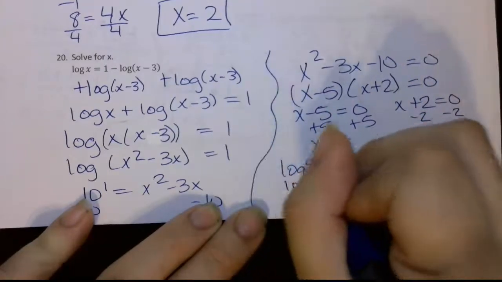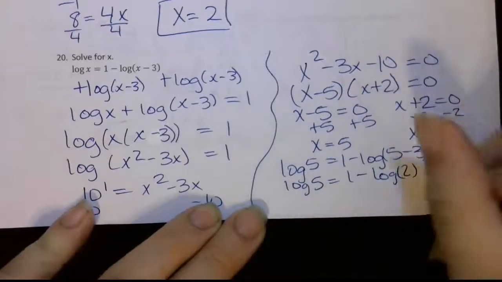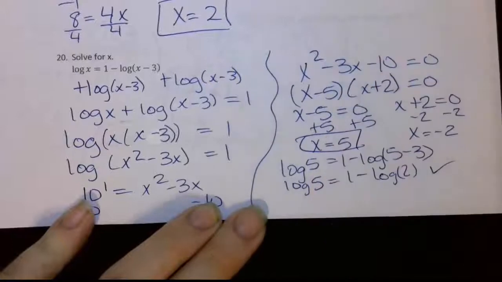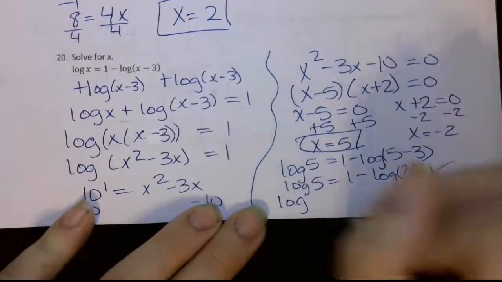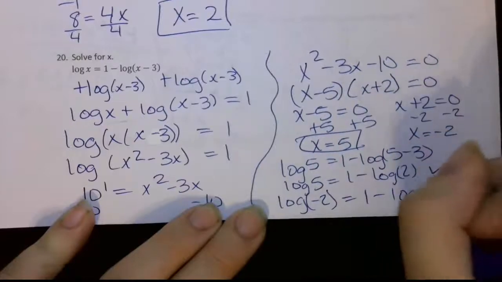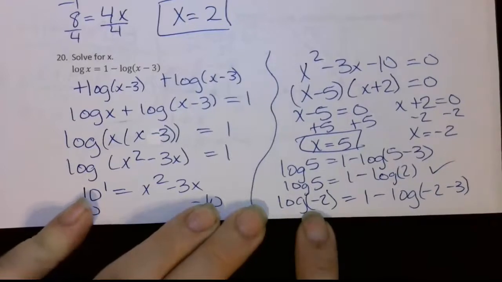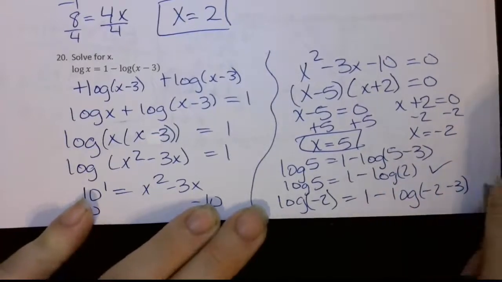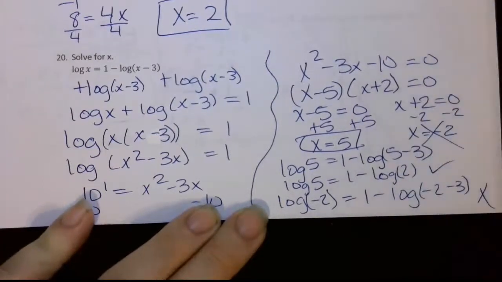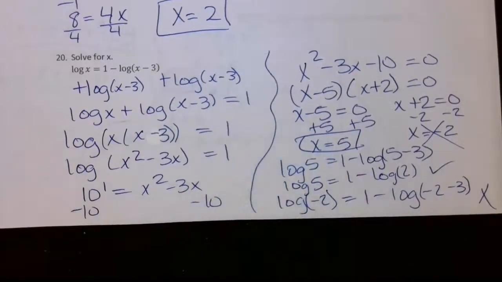That rewrites as log 5 equals 1 minus log 2. That's positive. That one works. And I have log -2 equals 1 minus log -2 minus 3. I can already see this logarithm is negative. I can't take logarithms of negative numbers, so this one is not an answer. My only answer here is x equals 5.